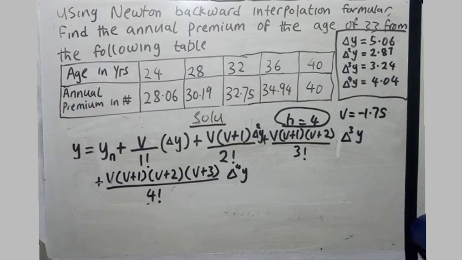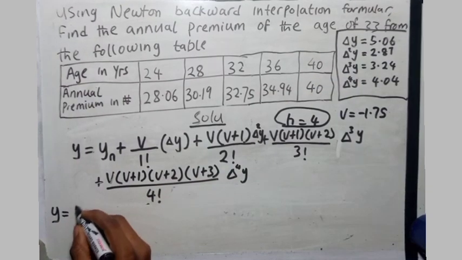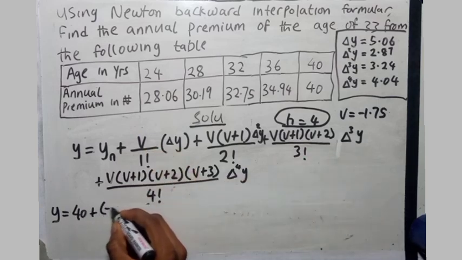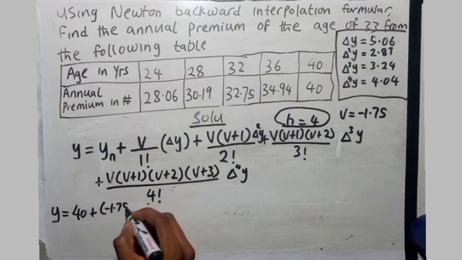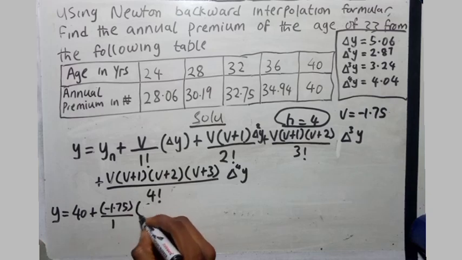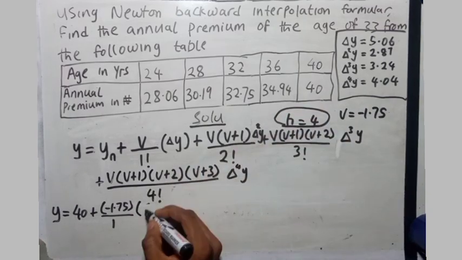It's definitely going to take a lot of space, so I would like to shift my hand a bit back. So y is equal to the last 40 plus our v being minus 1.75 over 1 factorial, then multiply by the first change in y, which is what?